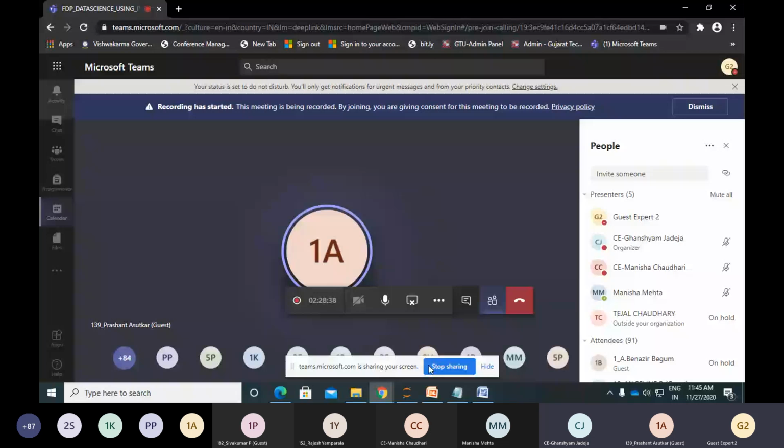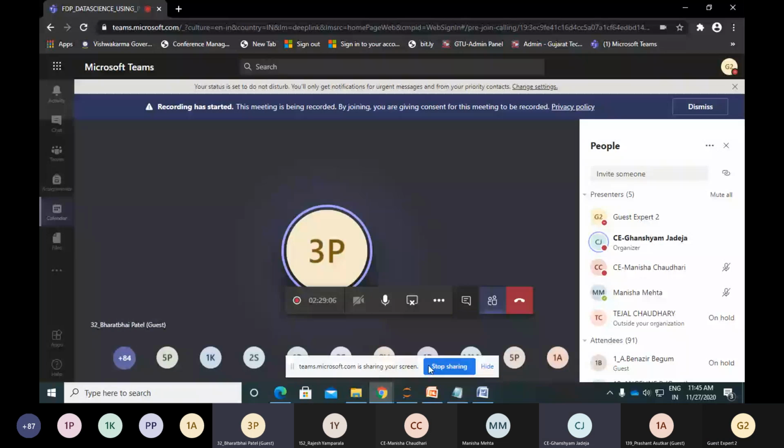Any other questions, please? Excel RD is also one of the APIs that can be used to import the data from Excel to Python.